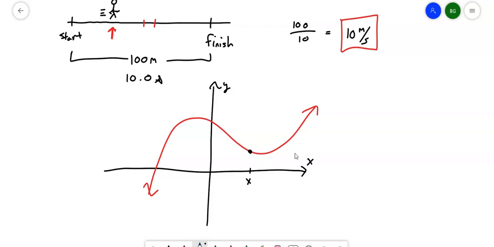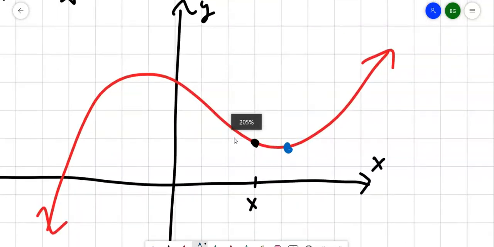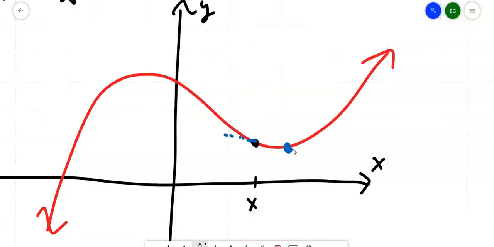Well, let's first talk about how we would do it before the days of Newton and Leibniz. We would just pick another point kind of close to that. We would draw in a secant line that connected those 2 points, kind of like that. And then just find the slope of that secant line, and the assumption is the slope of that secant line approximates the slope of the tangent line, which is to say the rate of change at that particular point.